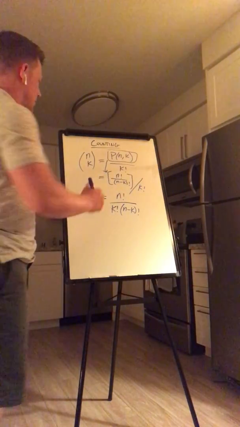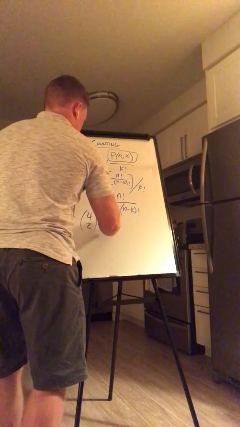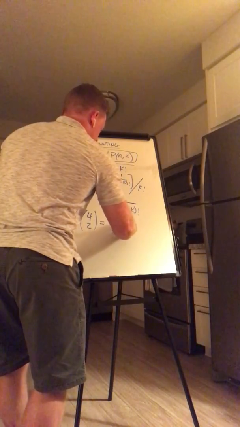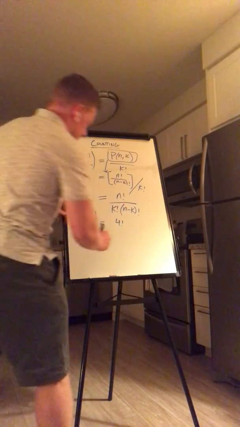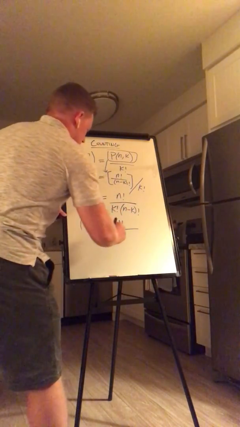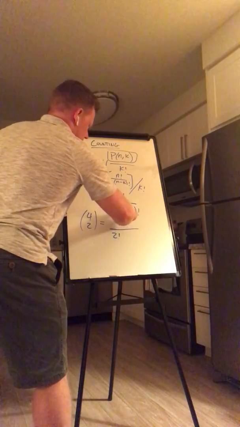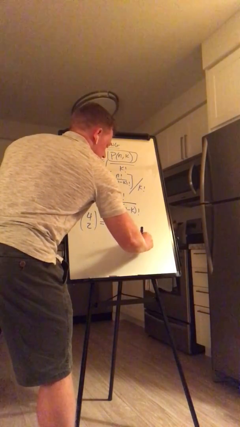So let's see if it works for 4 choose 2. Okay, let's plug in our n. So we got 4 factorial, n is equal to 4 in this case, k is equal to 2 in this case. Let's divide that out. We got k, so 2 factorial, n, which is 4, minus k, which is 2 factorial.